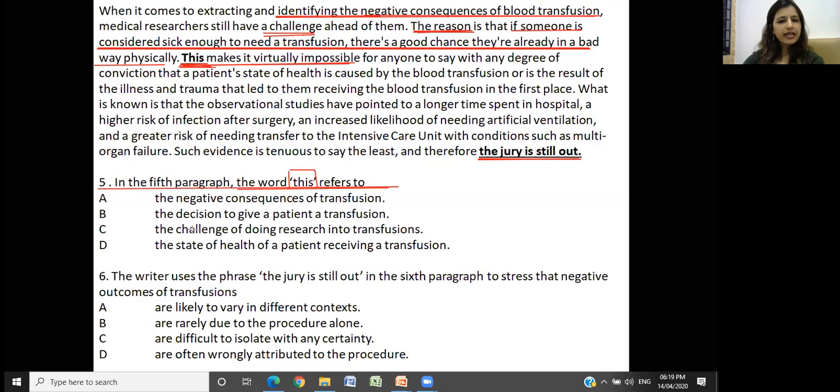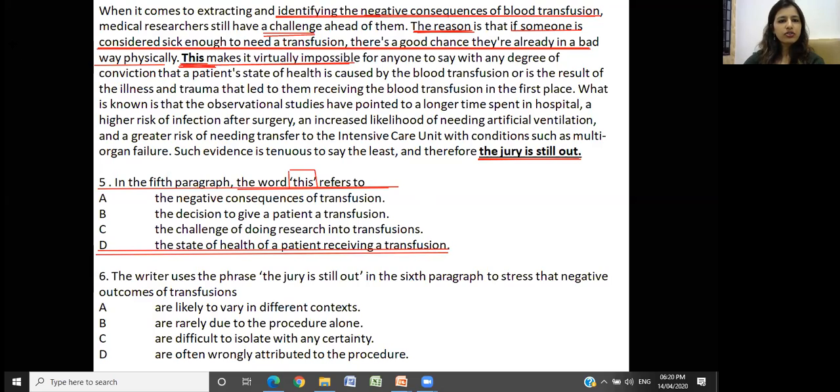So with that, I get the answer. What makes it virtually impossible is the patient's state or the patient's health. So that gives D as the correct answer, the state of health of a patient receiving a transfusion.